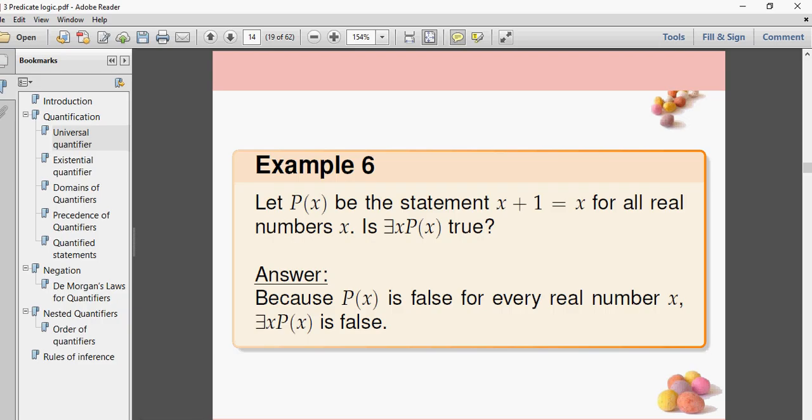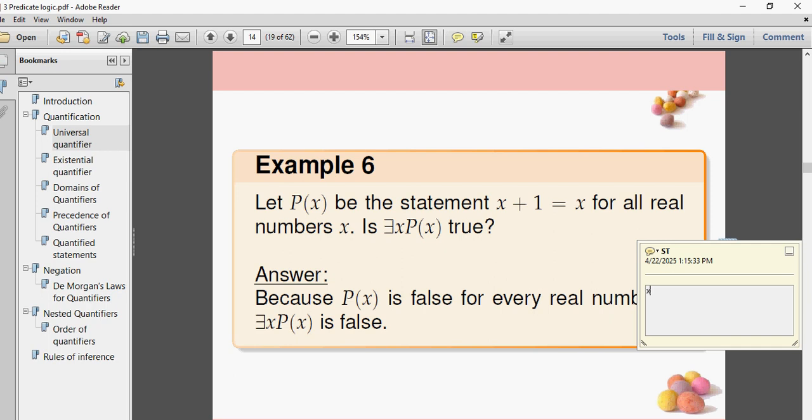If I try x equal 1, 1 plus 1 equals 2, which is not equal to x, not equal to 1. So B(x) is false for every real number, and I cannot say there exists x, B(x), is true. So the statement is false.